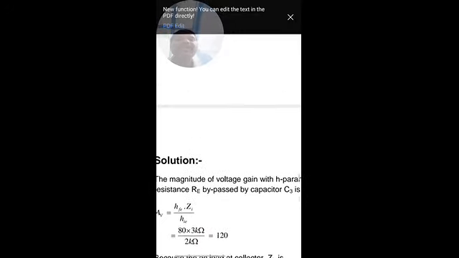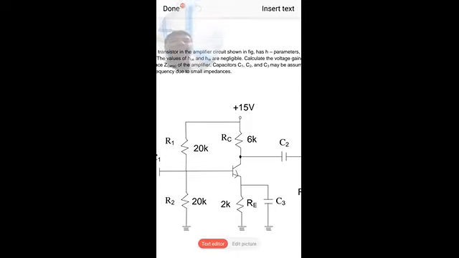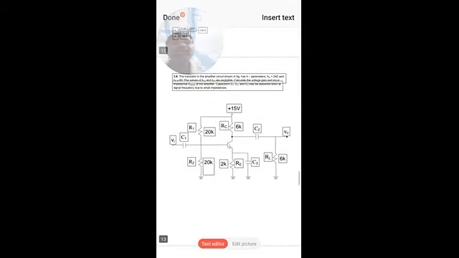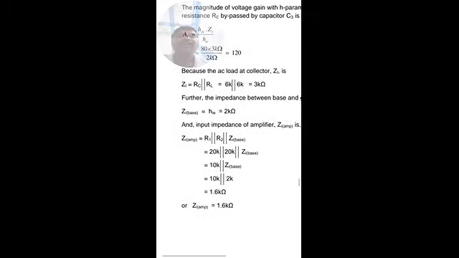After drawing the AC equivalent circuit, here we have ground and here we have ground, so with respect to the base, these two resistors R1 and R2 become parallel. 10K parallel with 2K, so the input impedance of the amplifier is 1.6 kilo ohms.